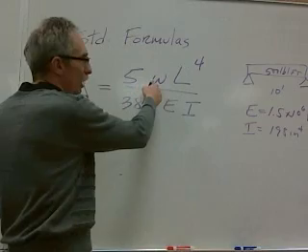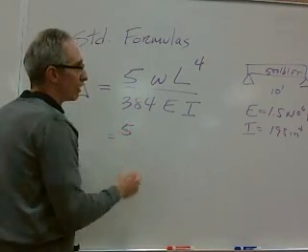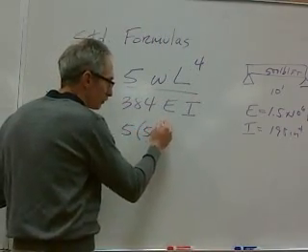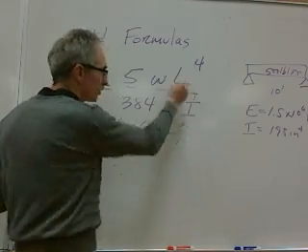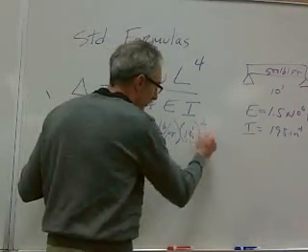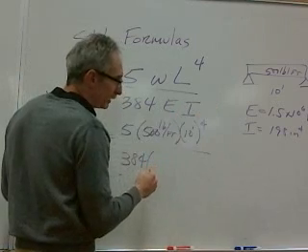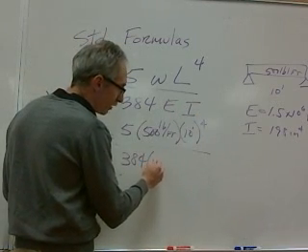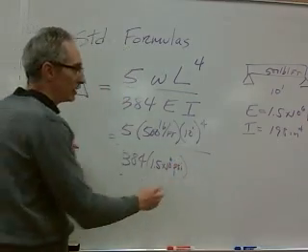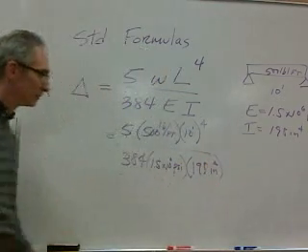What's the uniform load? 500 pounds per foot. What's the span length? 10 feet. 384. The modulus of elasticity is 1.5 times 10 to the 6 psi. And the moment of inertia is 198 inches to the fourth.